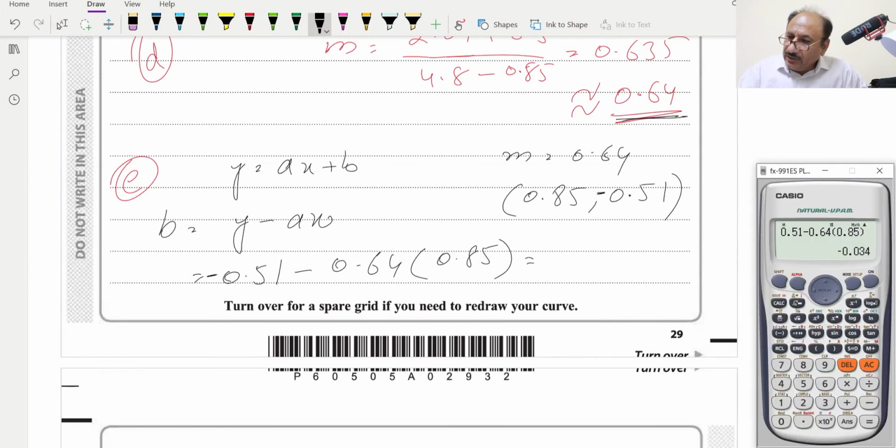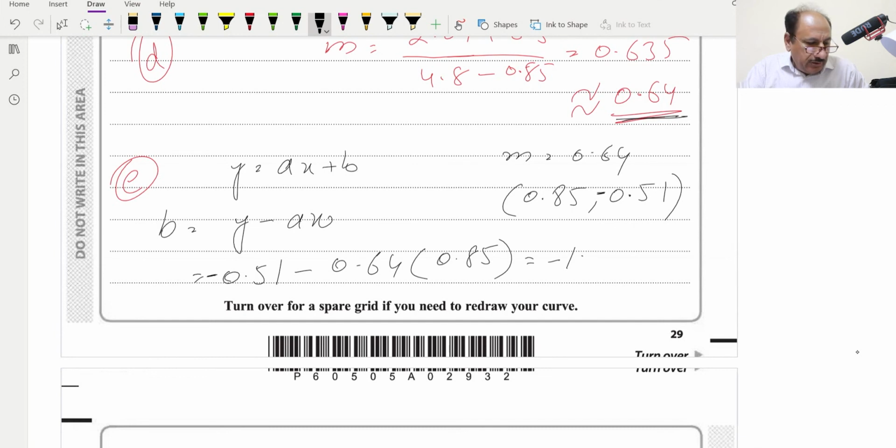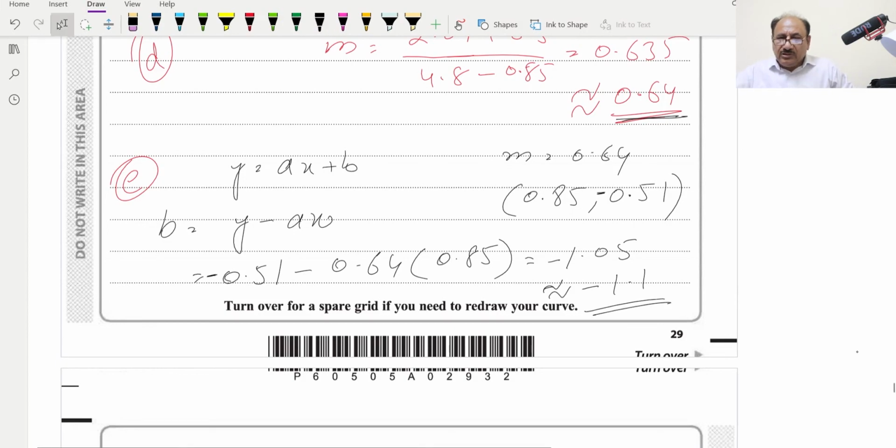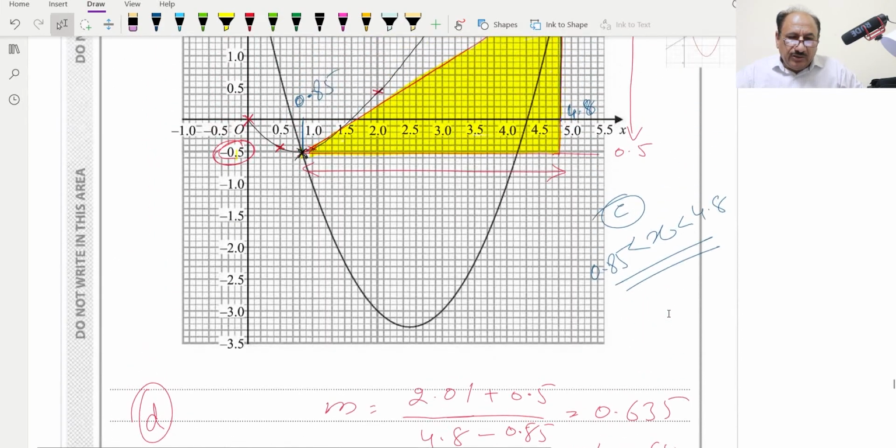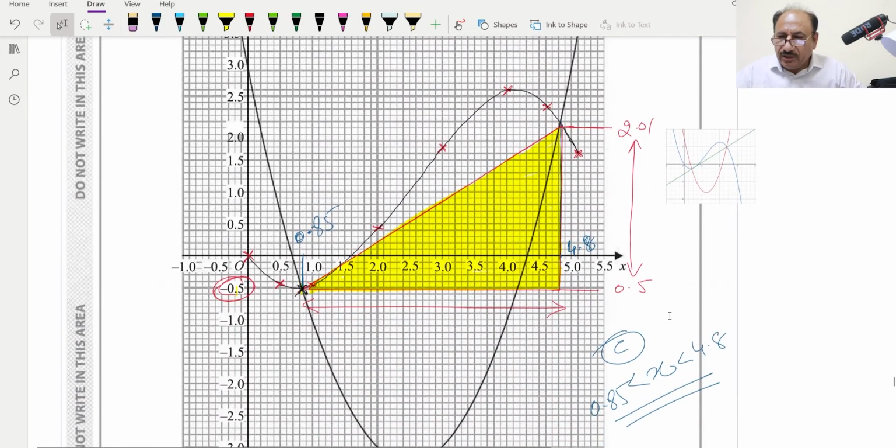If we recalculate with the minus sign over here, we will get minus 1.05, and this will be approximately equal to minus 1.1. So this will be the b value which we are done with.